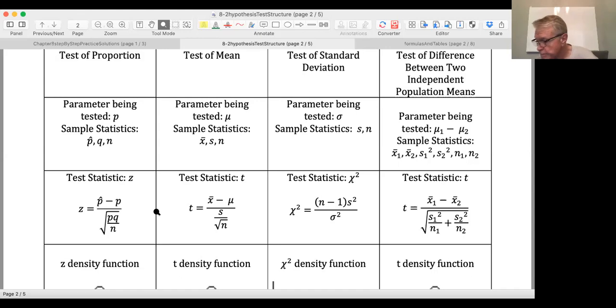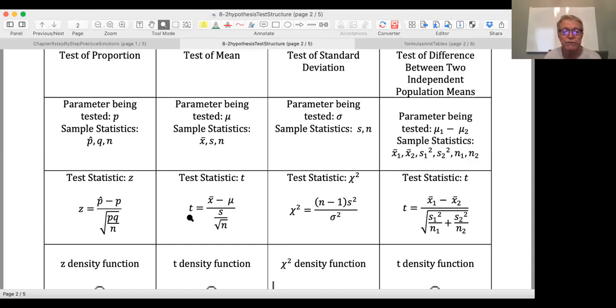Another important thing that I need you to remember is this, that the test statistic itself is a random variable. If we're testing a proportion, the random variable value is z. It's a standard normal. If we're testing the mean, the test statistic value is t.